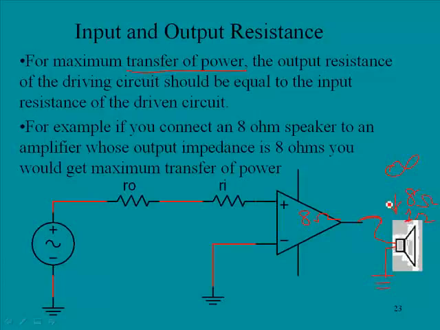As I said, it can be proven mathematically that for transfer of power, these should be matched, so that half of the power is dropped here, and half of the power is dropped across the speaker, or the load.